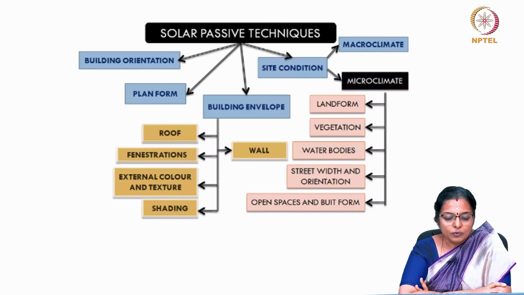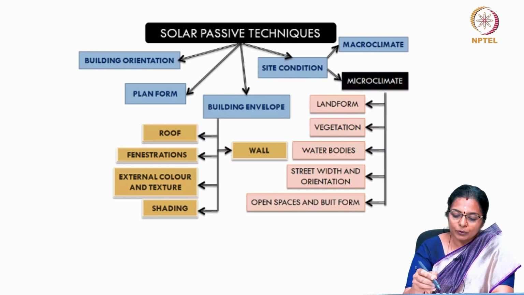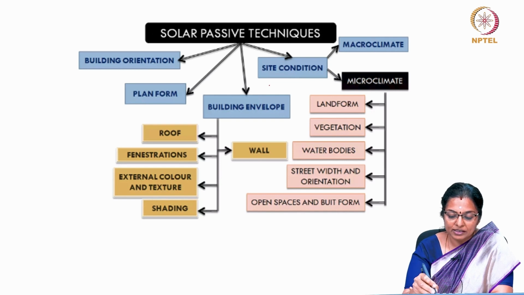Now, we see what are the solar passive techniques. There are a few solar passive techniques which are specific to a particular place. So, it is dependent upon the location.